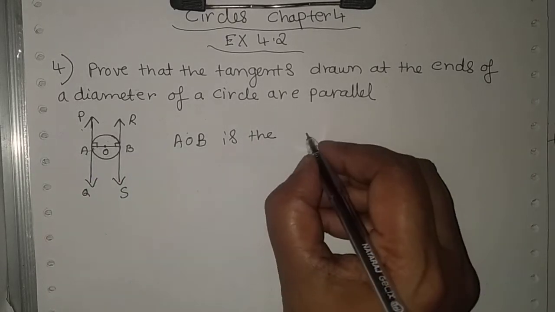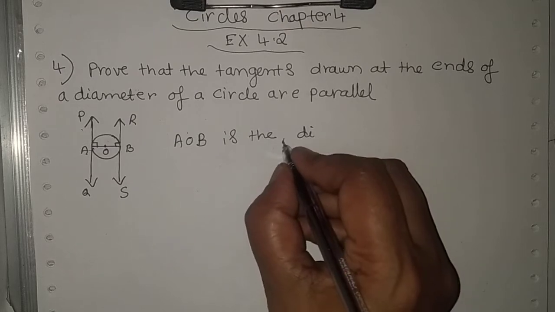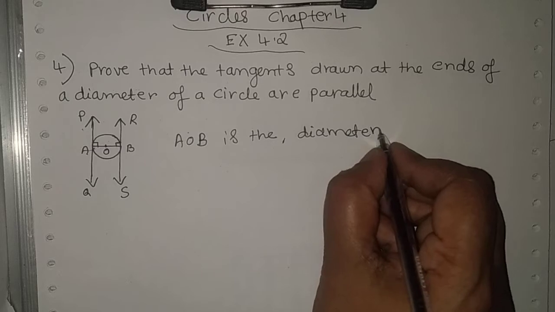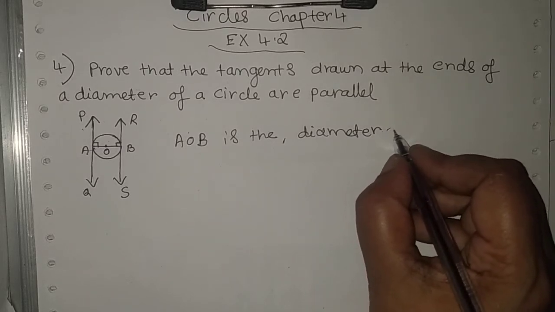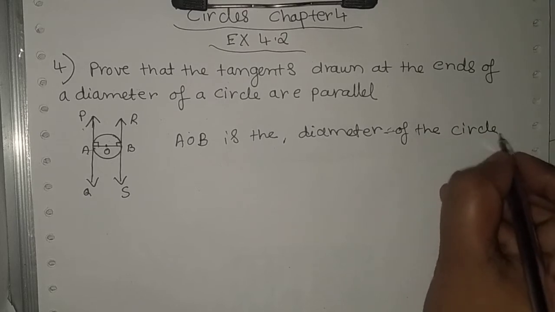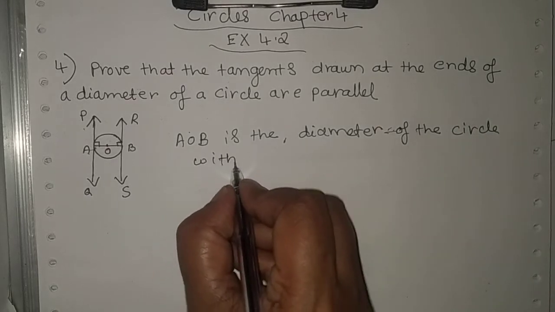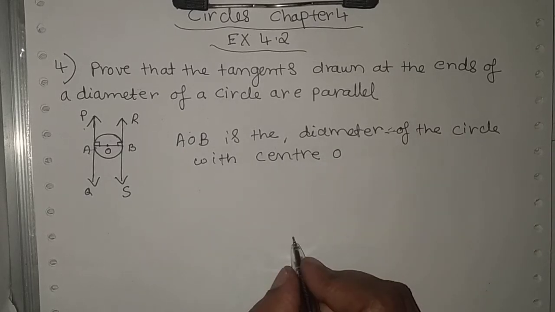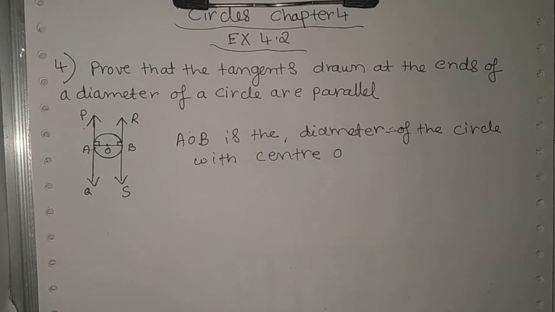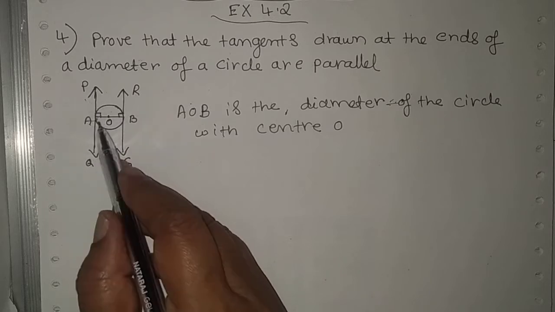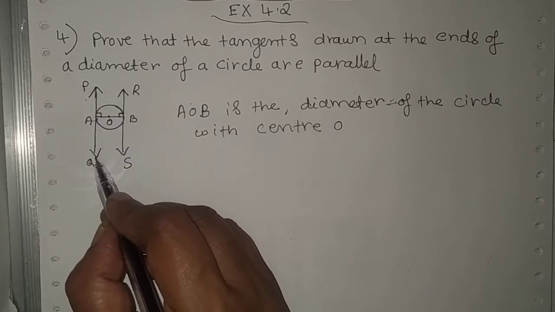This is the AOB is the diameter of the circle with center O. So AOB is the diameter of the circle with center O. This is the first point. Then tangents are PAQ.